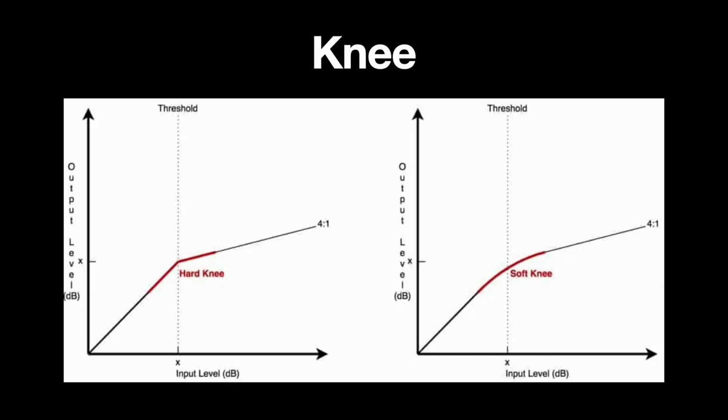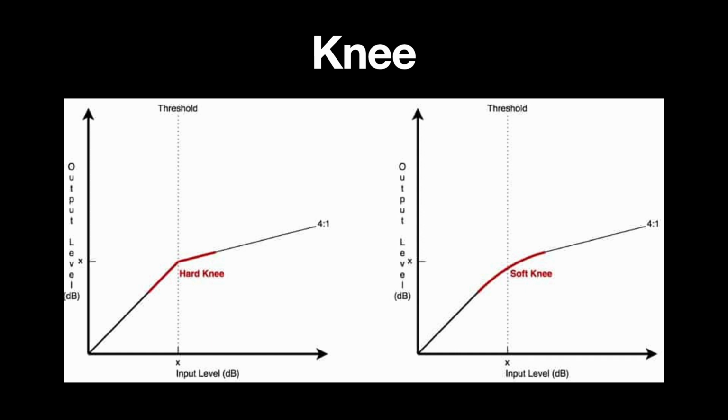Next is the knee. And the knee is just this point here where the compressor kicks in at the threshold. And you can see by the diagram basically what it's doing. So the knee of a compressor refers to the transition point around the compressor's threshold where the output becomes attenuated versus the input. A hard knee offers a more distinct triggering of the compressor, so it's just going to jump in there and grab it instantly.